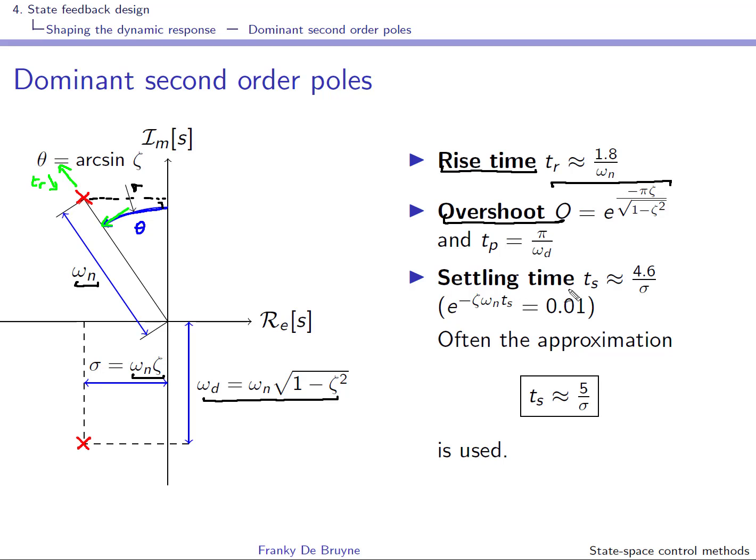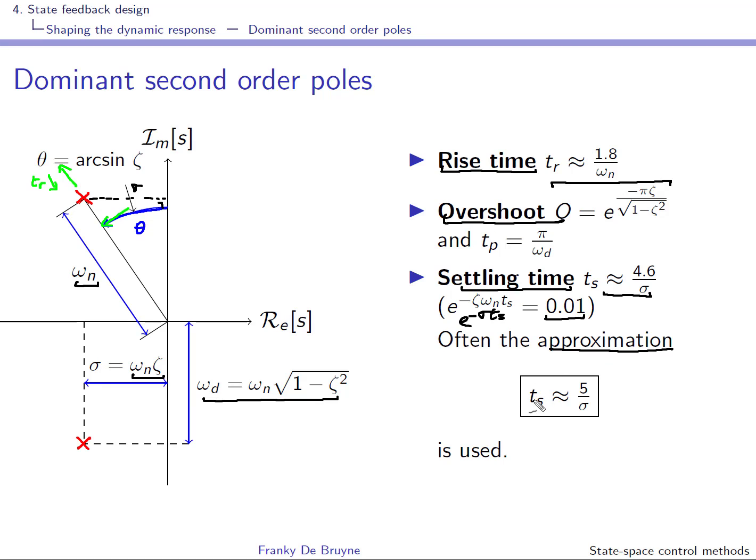The settling time, this is really the time ts that is needed in order to have e to the minus sigma ts equal to 0.01. This is this 1% band around the final response, right? If you compute this exactly, this is what you obtain, but you will use this approximation that was already used in previous courses.